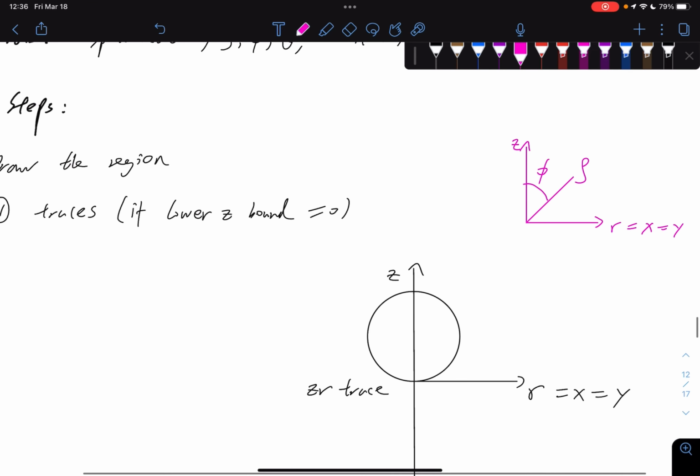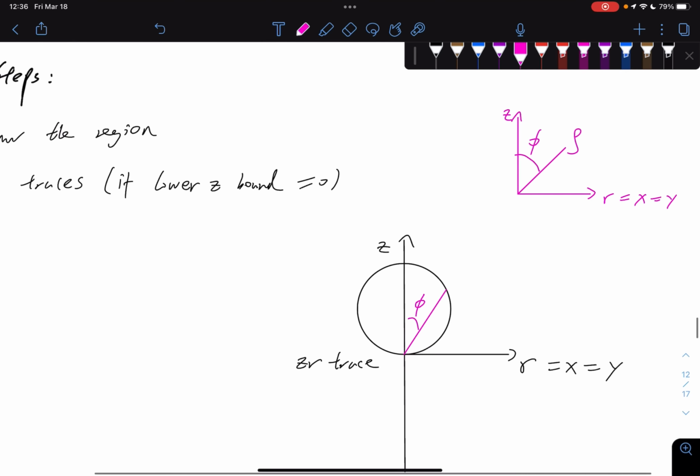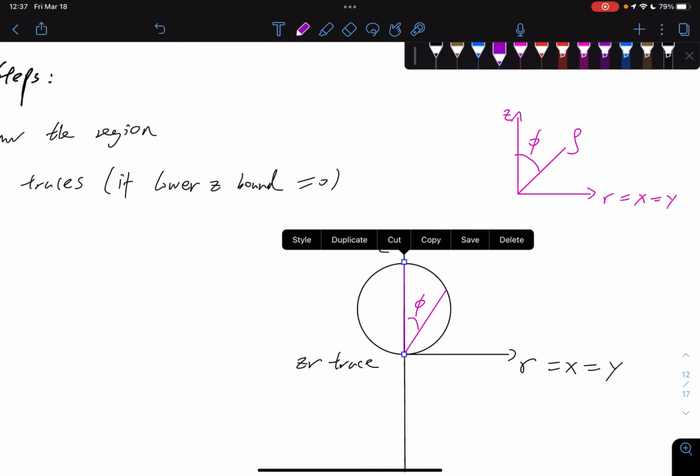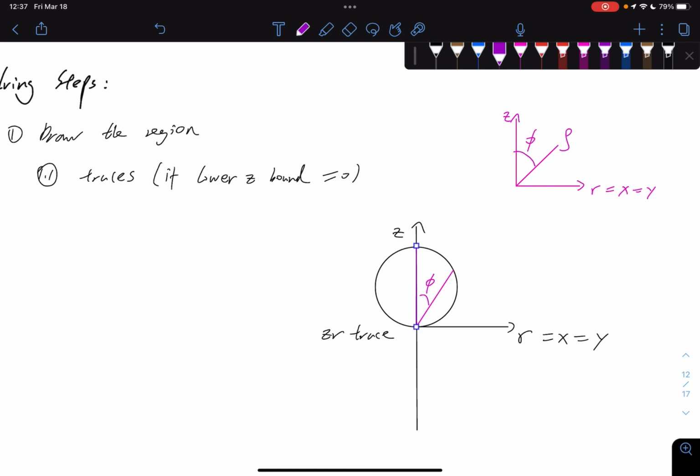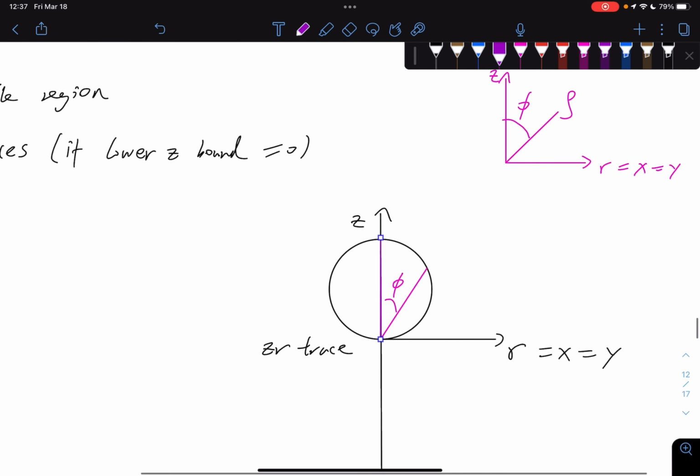We can do the same thing here: draw a radial line and then find our phi. If we let phi equal 0, our rho will become 12. So that's 12.